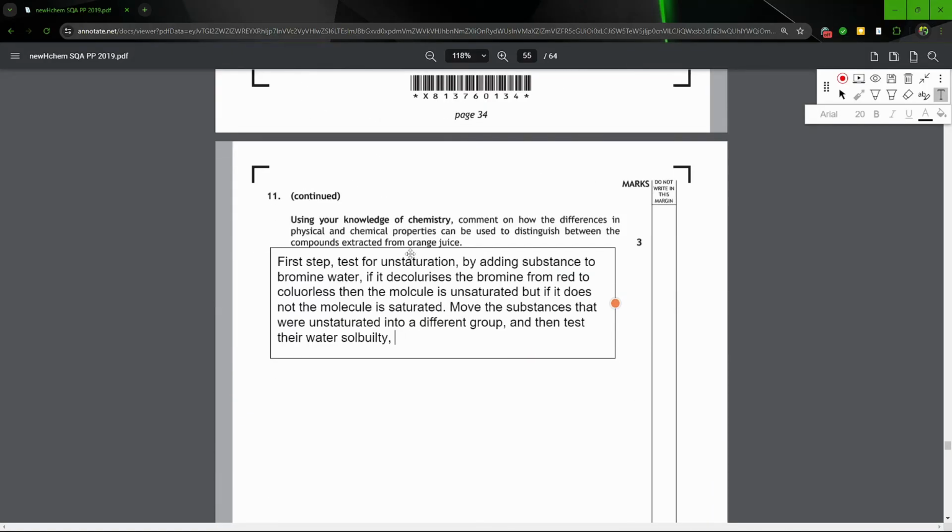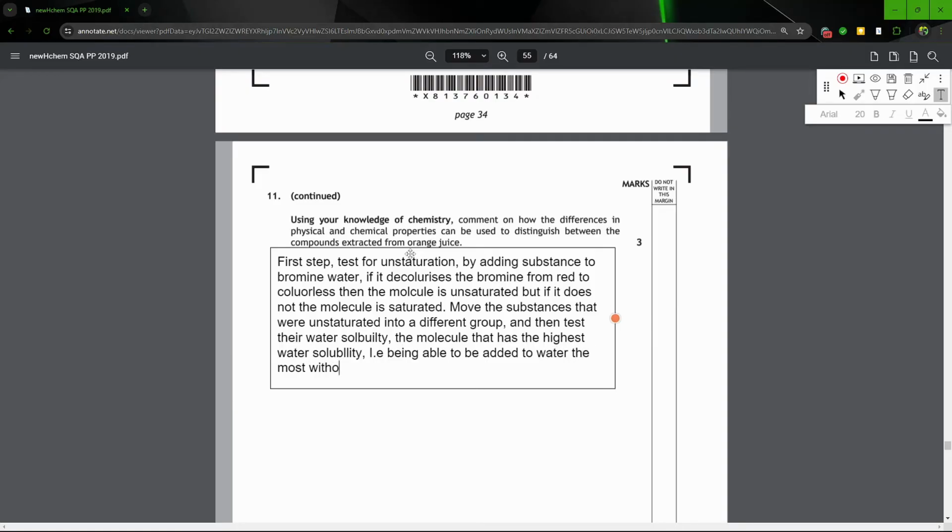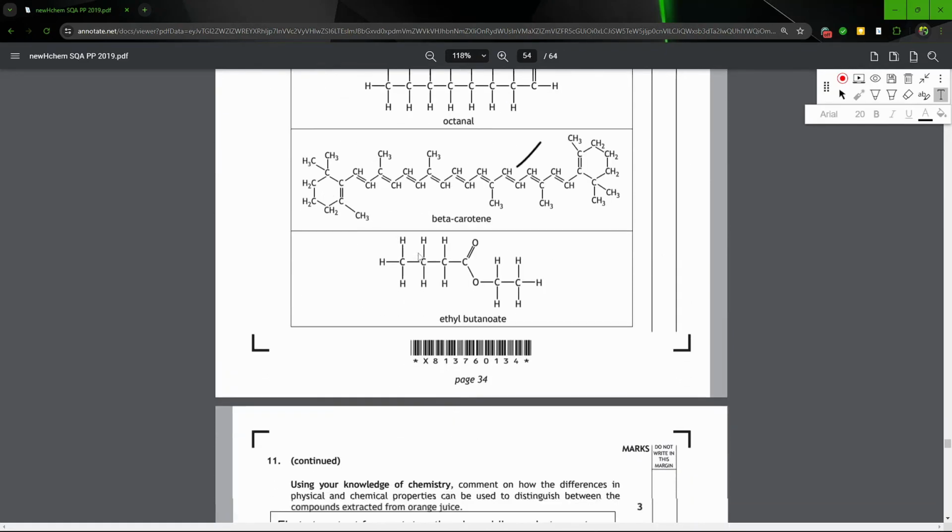The molecule that has the highest water solubility, i.e., being able to be added to water the most without saturating the water, is going to be vitamin C.